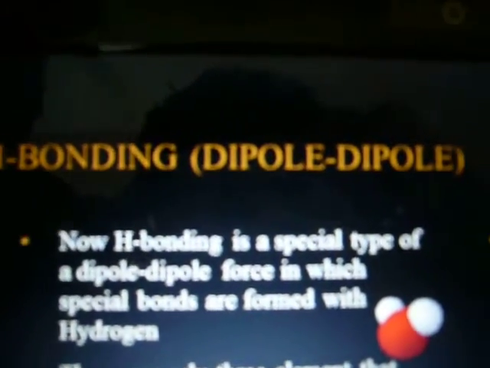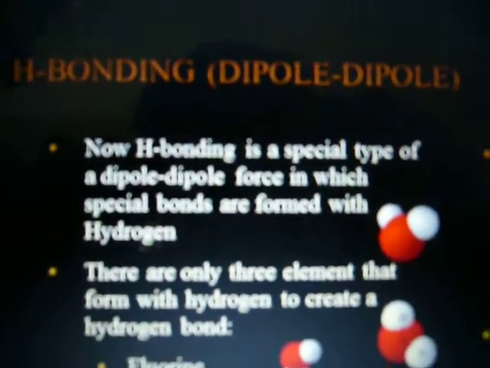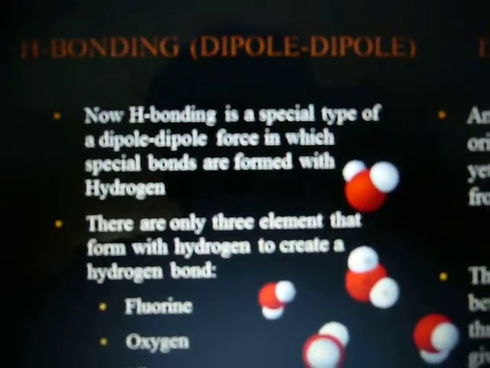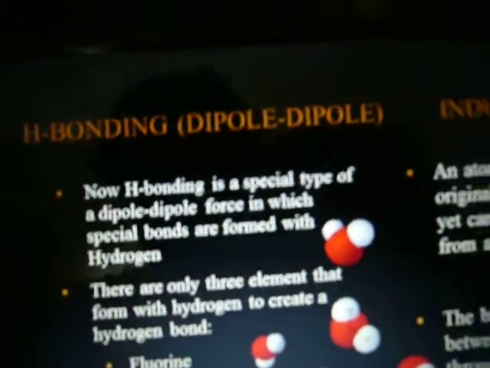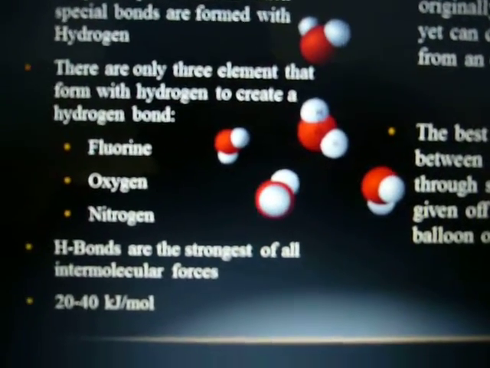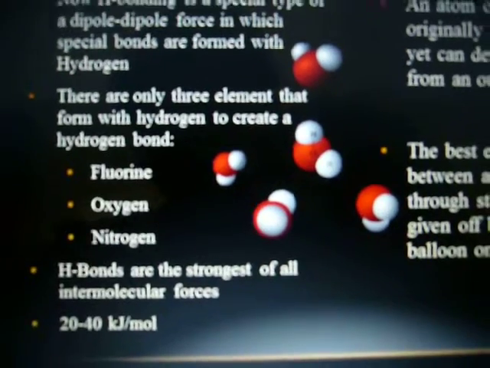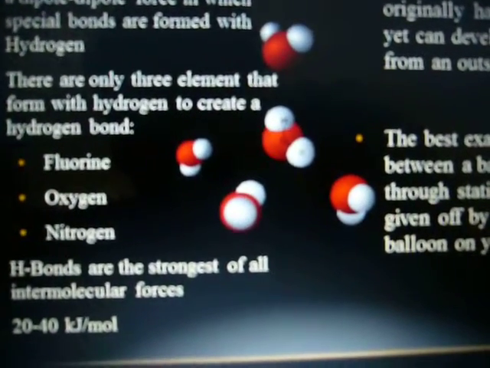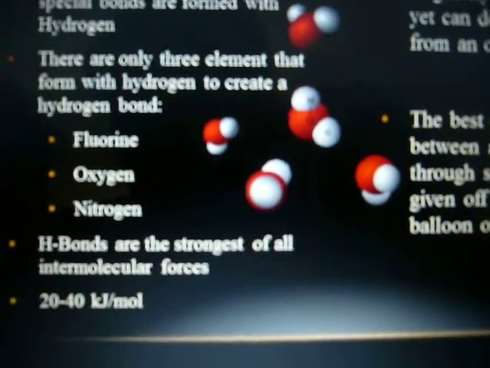H bonding is a special kind of dipole force. It's called this because it deals with one element, hydrogen. It happens between hydrogen and 3 other different elements.